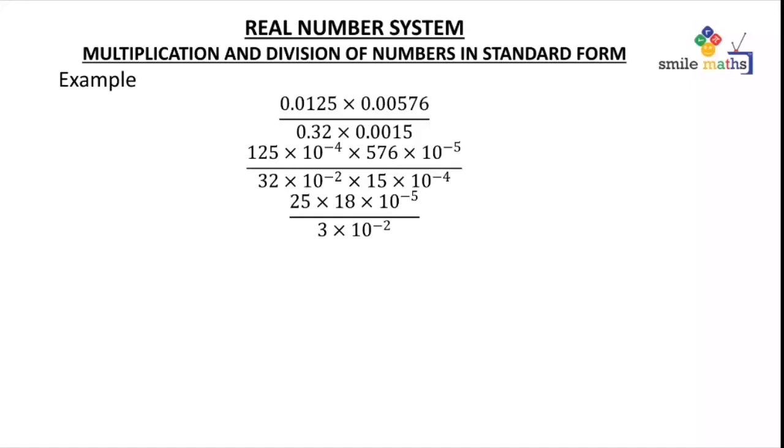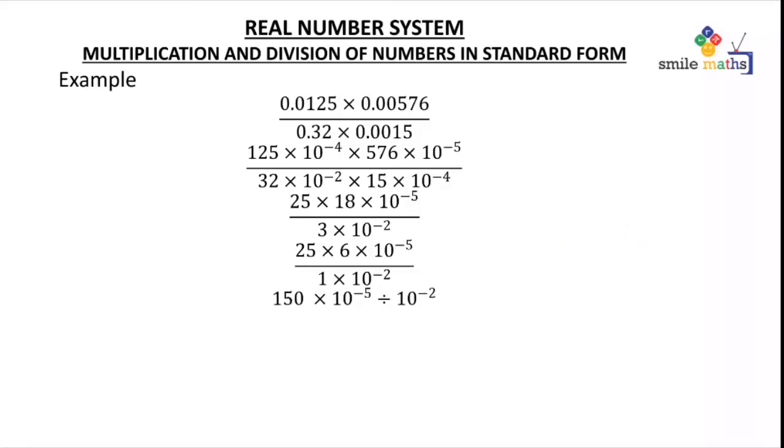Then we are left with 25 times 18 times 10 to the power negative 5 all over 3 times 10 to the power negative 2 down. But we can still see that 18 and 3 can cancel out. So we cancel 3 into itself 1 and it goes into 18 6 times. Our answer now becomes 25 times 6 times 10 to the power negative 5 all over 1 times 10 to the power negative 2.